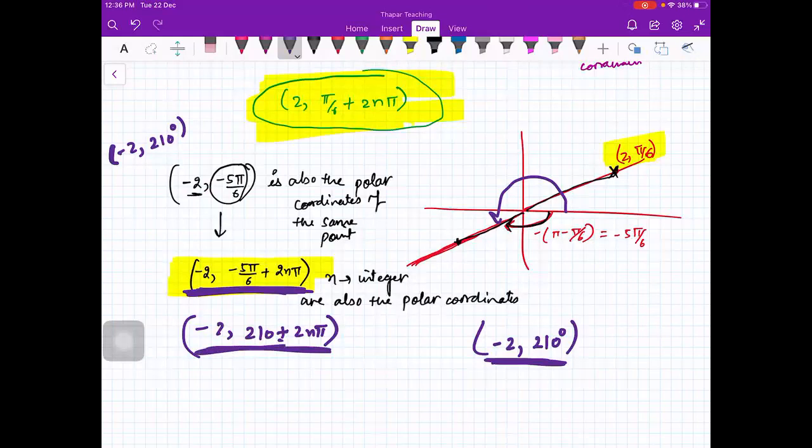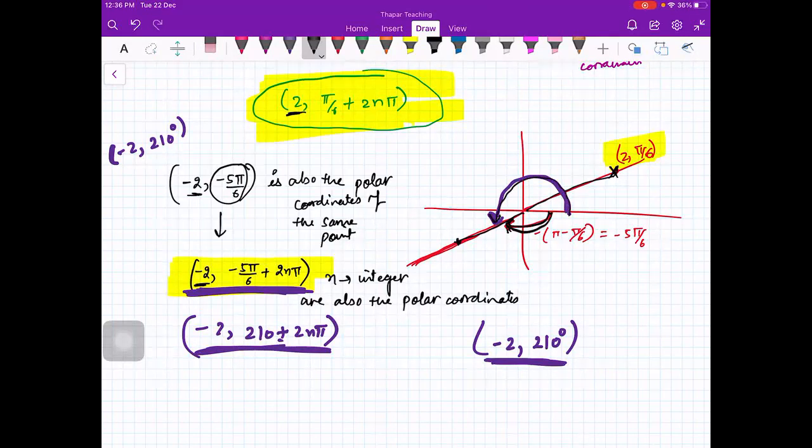Clear? You can go like this also, beta. No problem. Okay. So all the names with positive r are considered here, and all the names with negative r are considered here. It is your choice whether you want to name this axis as minus pi by 6 or you want to name this axis as 210. That is your choice. Okay, beta?